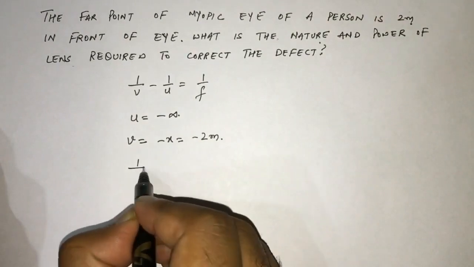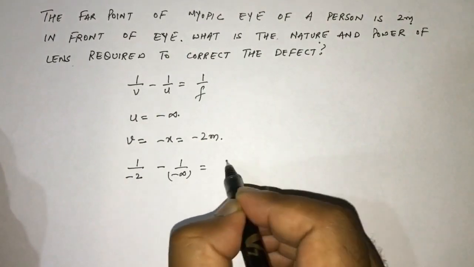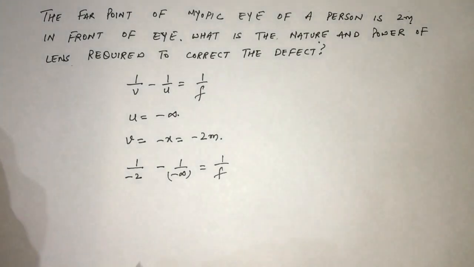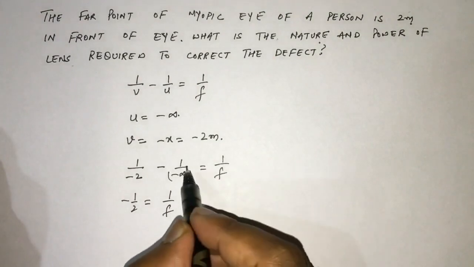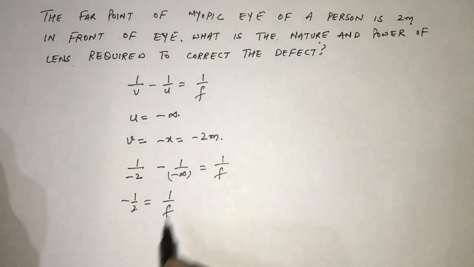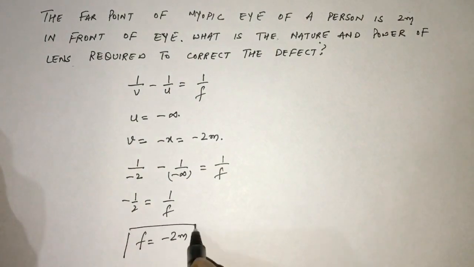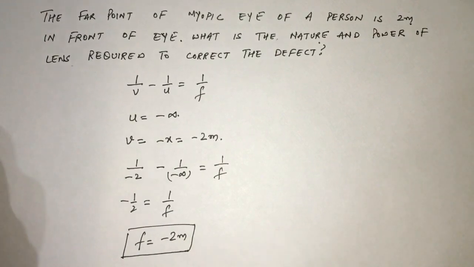We have 1 upon minus 2 minus 1 upon minus infinity is equal to 1 upon F. So it becomes minus 1 upon 2 is equal to 1 upon F, because 1 upon infinity is 0. Taking the reciprocal, F is equal to minus 2 meter. So the focal length of the lens is minus 2 meter.